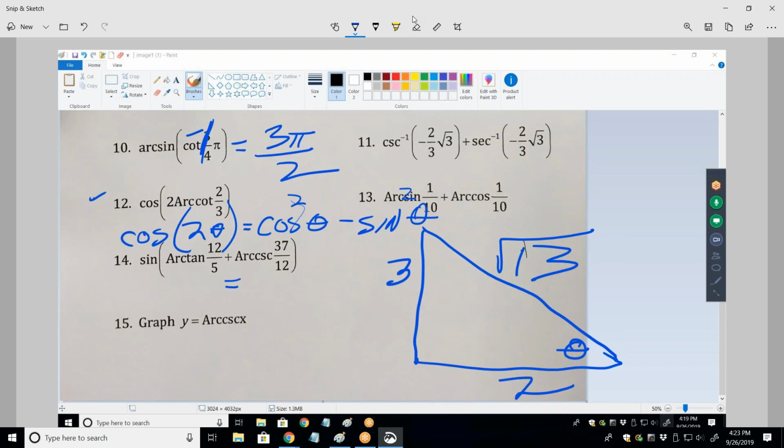What's cosine squared of theta equal to? So that's going to be 4/13 minus the sine squared of theta, 9/13, negative 5/13.